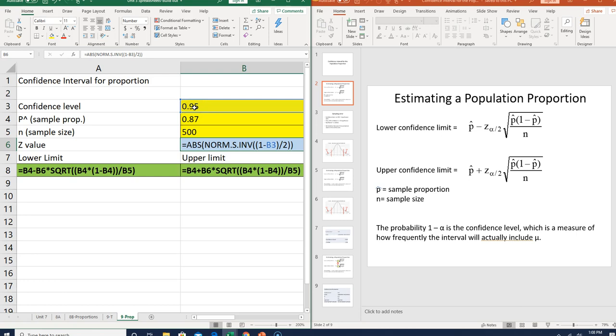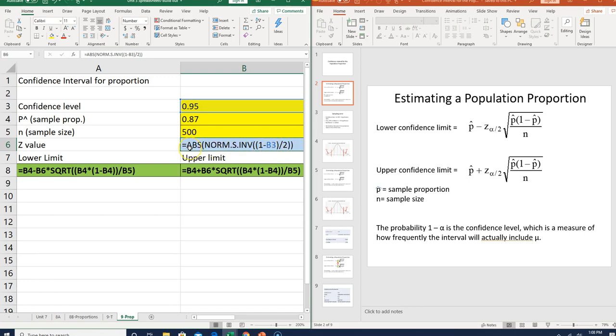So the real question I get is, why don't you just put significance level here? The reason I don't is because the problem gives you the confidence level. It doesn't give you the significance level. And I want to work with the data that's in the problem because it just makes it easier for me to figure it out. So I'm going to put 1 minus B3, in this case the confidence level, divided by 2. So that's norm.s.inv, 1 minus the confidence level, divided by 2.